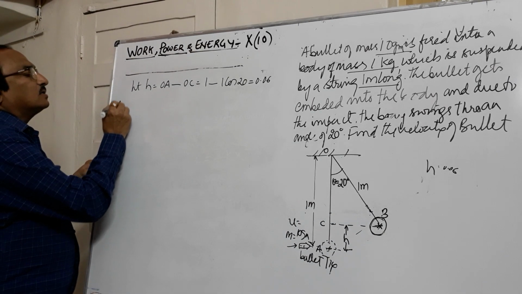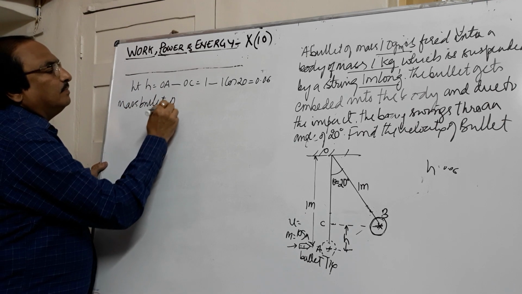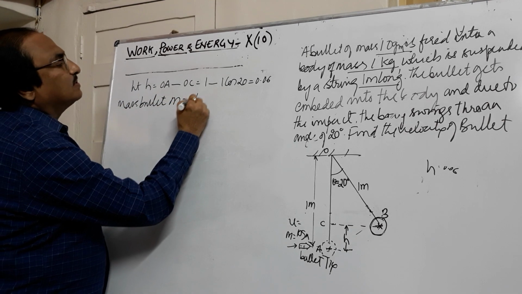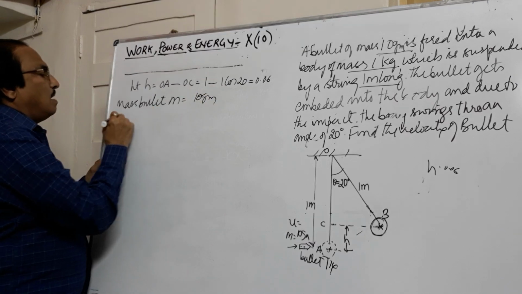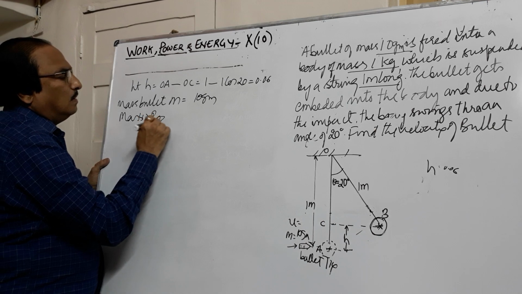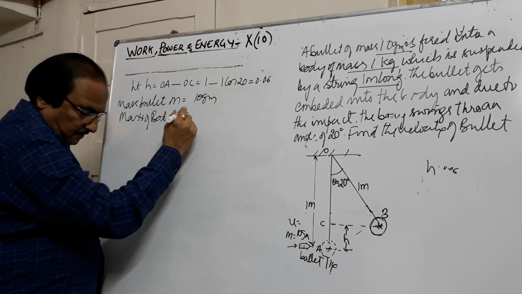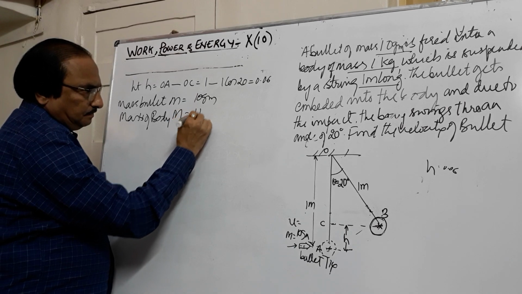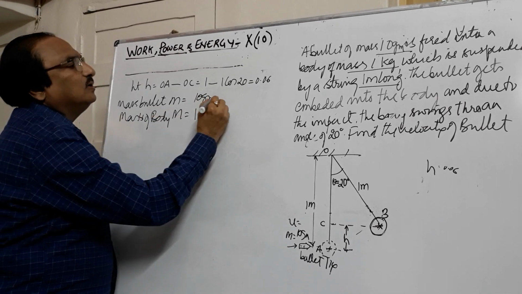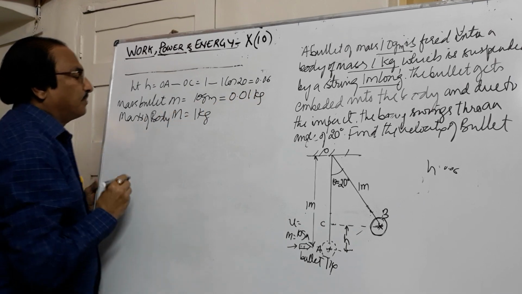Let the mass of the bullet be small m, so this is 10 grams. The mass of the body, if I call it capital M, is 1 kg. Let us keep the same unit here, so the bullet mass will be 0.01 kg.